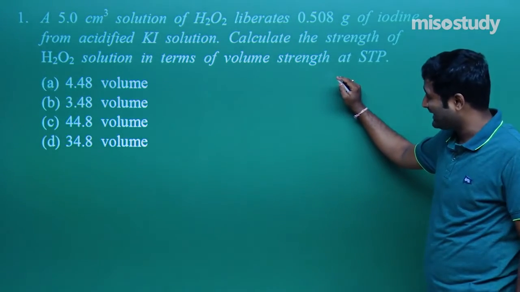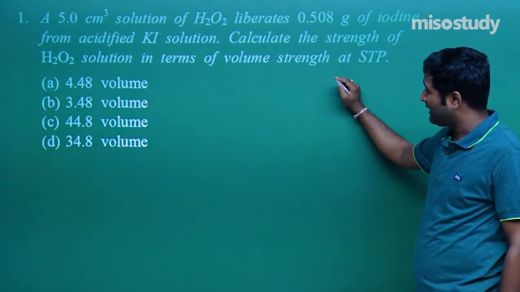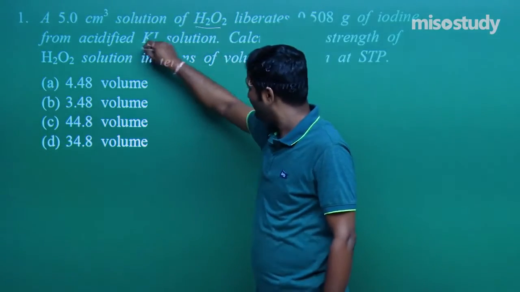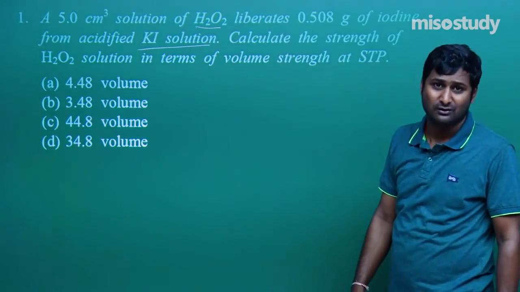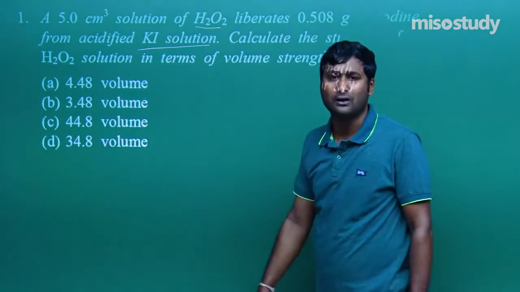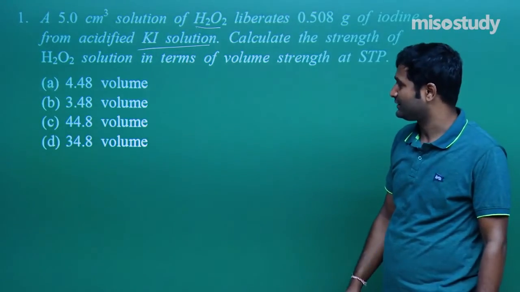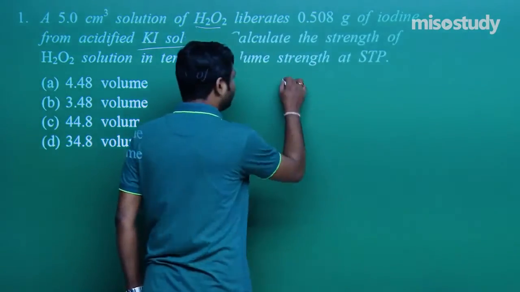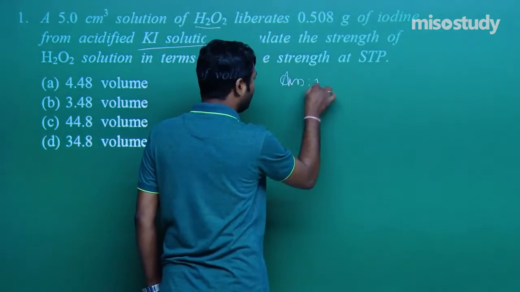This is completely calculative type. Look at what happened here. H2O2 on treatment with acidified KI solution. Clear? First of all, write down the equation, then check what will happen.